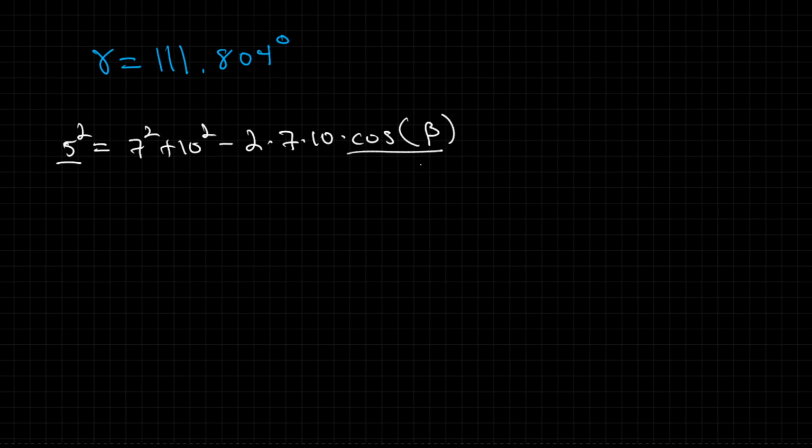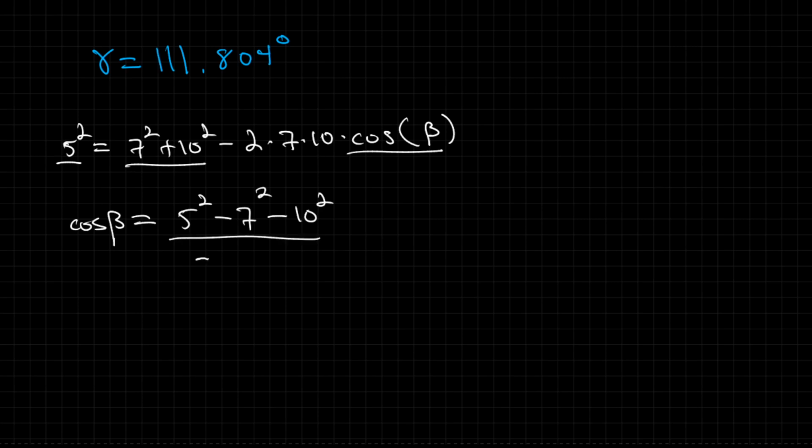So I can solve for cosine of beta, and I get that cosine of beta is equal to, I'll subtract these two things from both sides, so 5 squared minus 7 squared minus 10 squared, divided by negative 2 times 7 times 10.